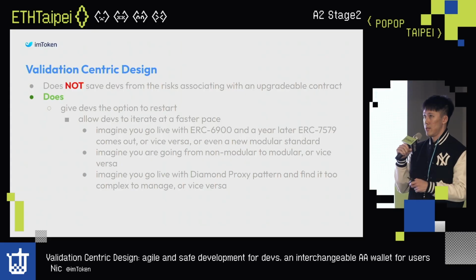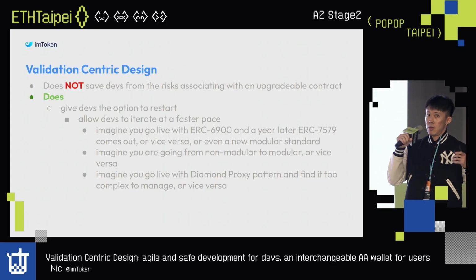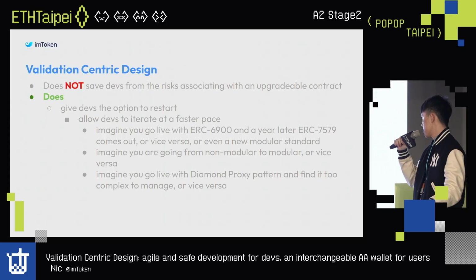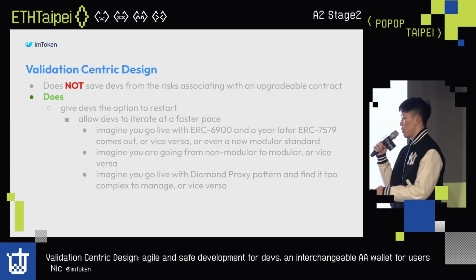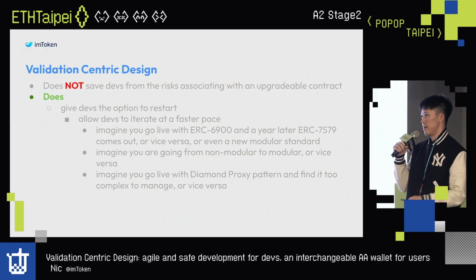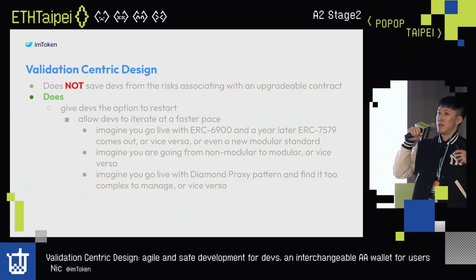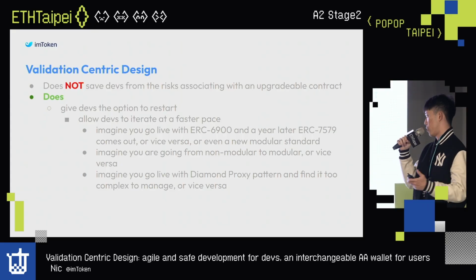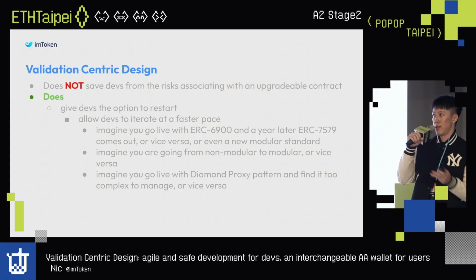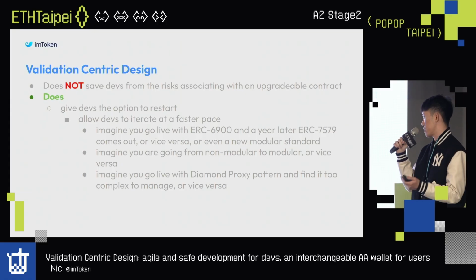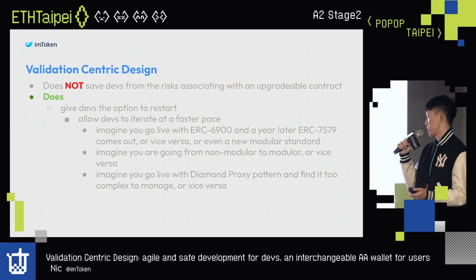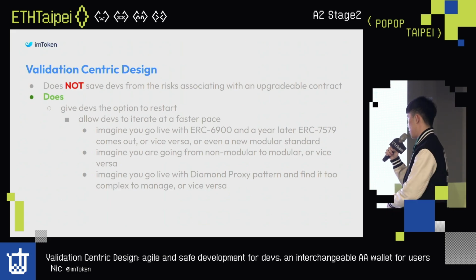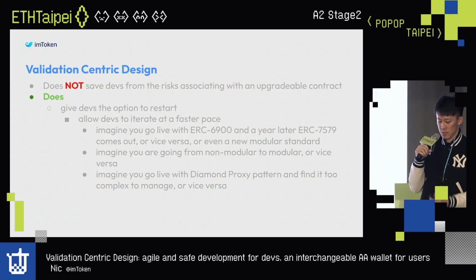Diamond proxy is very modular, very flexible to an extent, but you might begin with this design and later think that the diamond proxy pattern is too complex, too modular for me to handle, too hard to manage. So you want to go back to the old, simple ERC 1967 proxy standard maybe, or vice versa. You want to go from simple to complex.